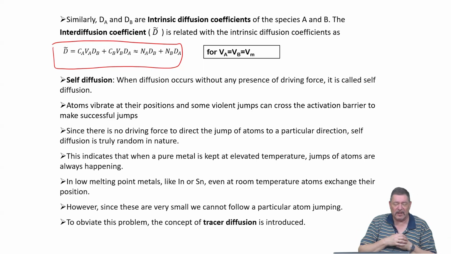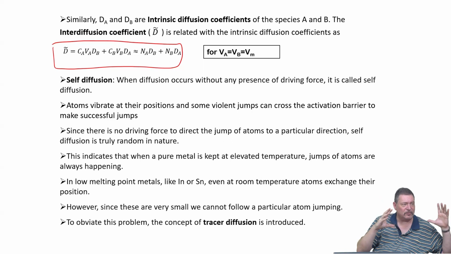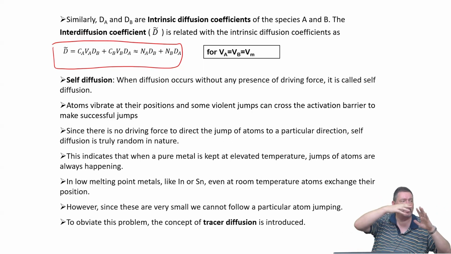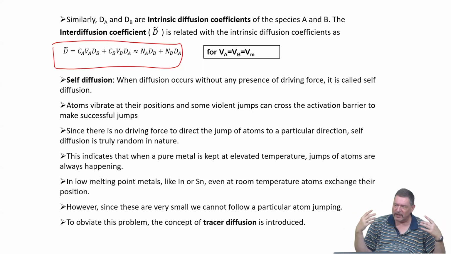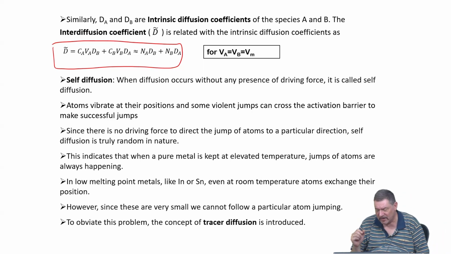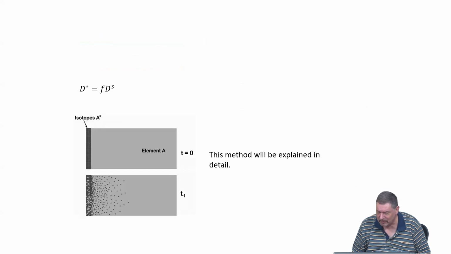So the distinction between tracer diffusion and self-diffusion is that we still have a concentration gradient in tracer diffusion, so we have a net flux. Self-diffusion by definition doesn't have a resulting flux.